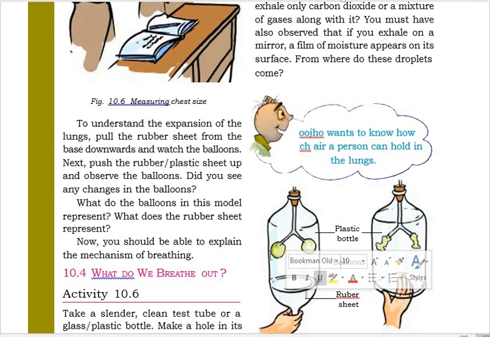What do the balloons in this model represent? What does the rubber sheet represent? With this diagram we can compare our lungs and other parts.